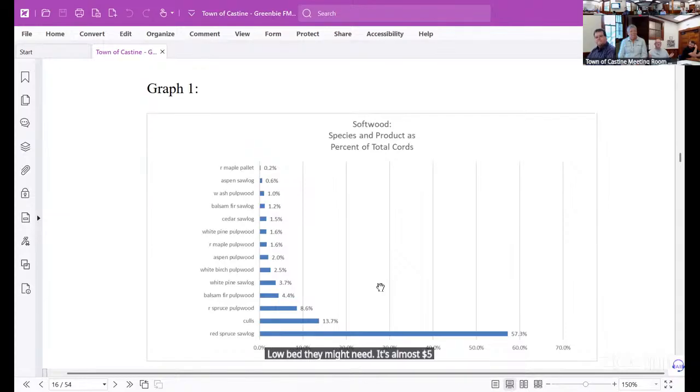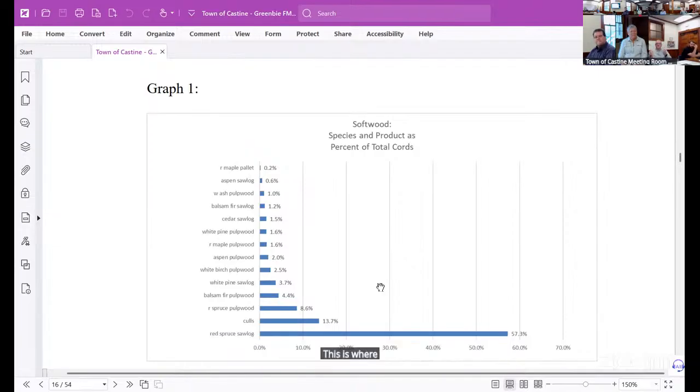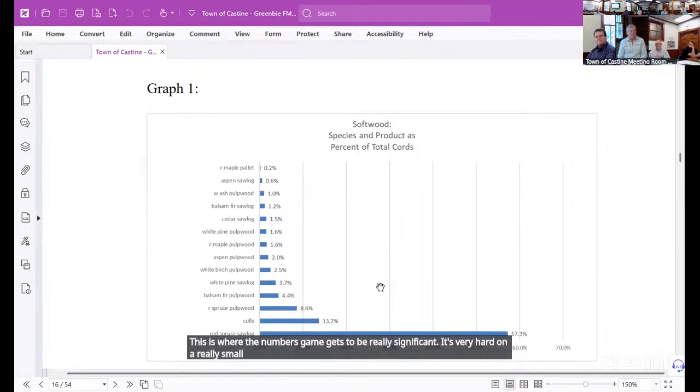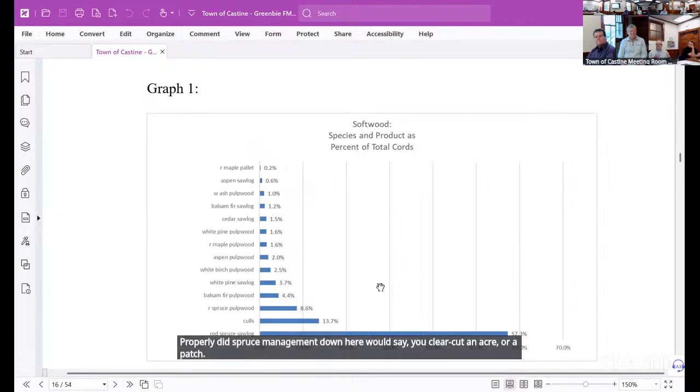So how many trees do you have to cut if you have to bring a harvester and then even a forwarder, which is a track machine that doesn't drag things on the ground, or a grapple skidder? This is where the numbers game gets really significant. It's very hard on a small scale, even if we properly did spruce management here, you would clear cut an acre or a patch and let it regenerate, because thinning might cause all the other trees to blow down.